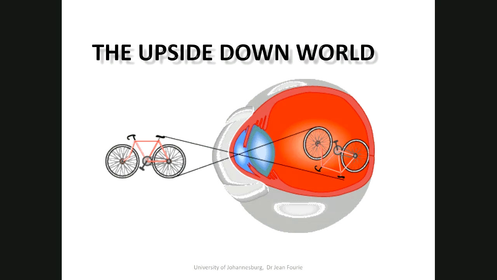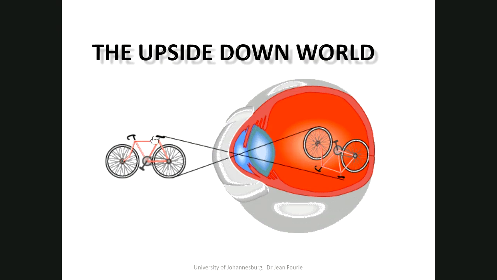Now, something that makes our visual perception more complicated is that your eye is actually receiving the world in an upside down fashion. For instance, here's an object, a bicycle, which is traveling along, and the bicycle in the real world is the right way up.